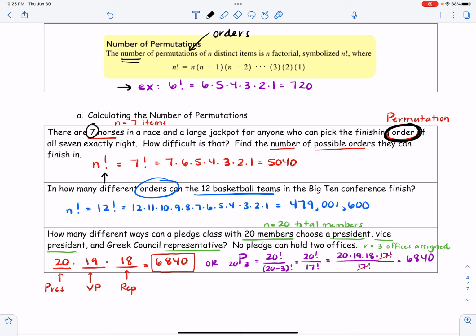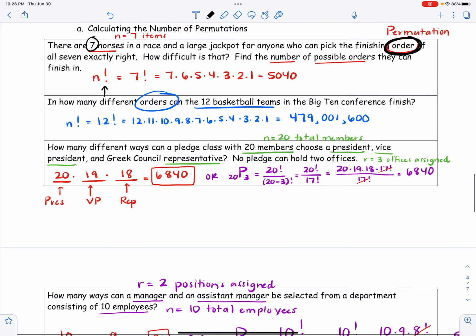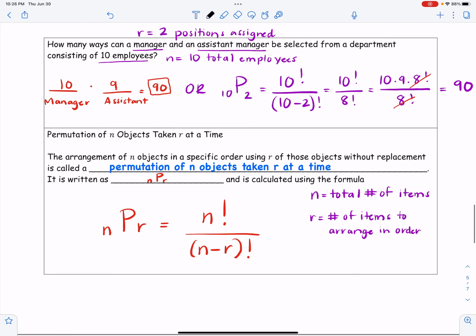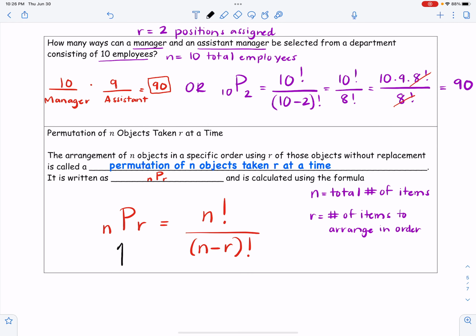Now, if you're looking at a number of objects and you want to arrange some of the objects in order, not all of them, but just some, we have a second function that we can use, which is called the nPr function. It allows you to arrange objects in order when you have n total objects and you only want to order some of them, and we use r to denote that.